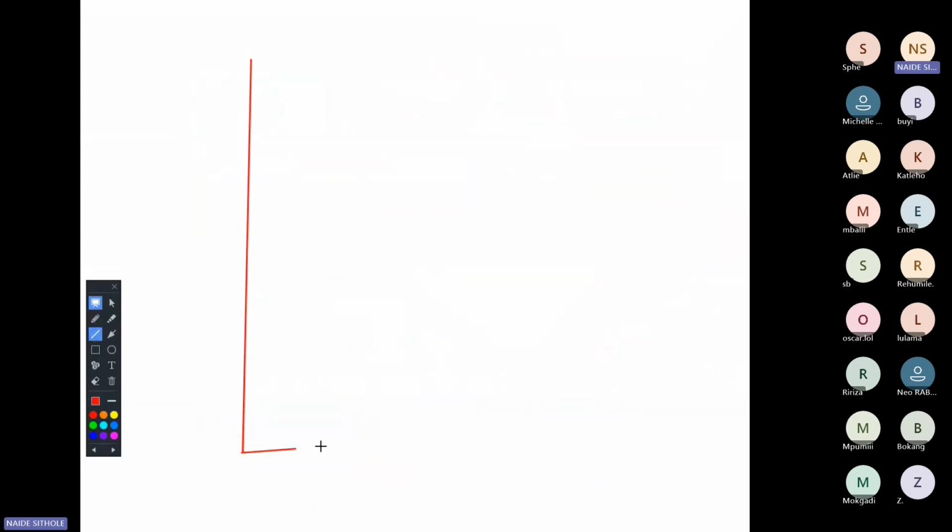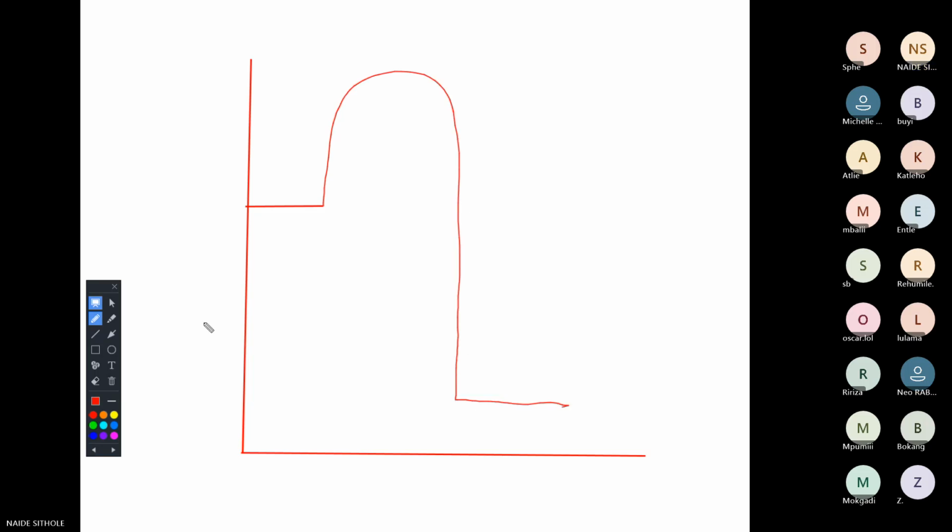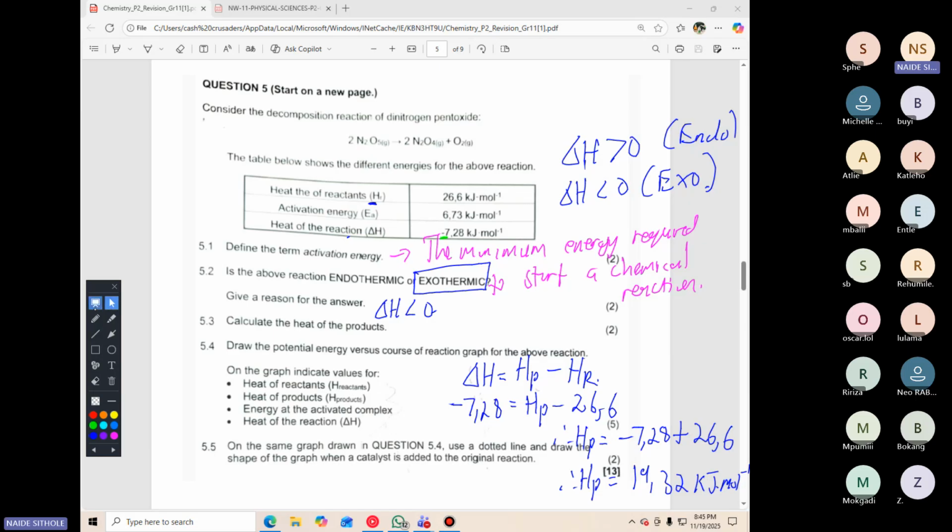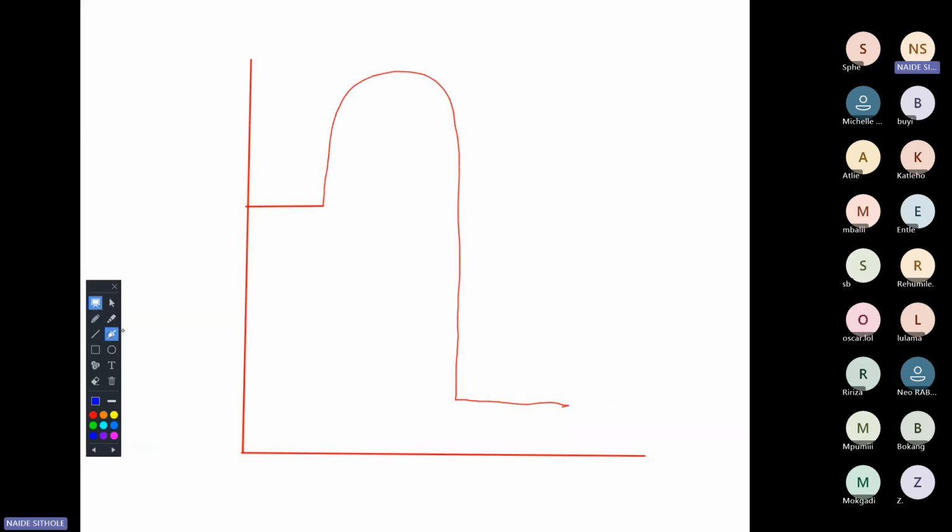It's an exothermic graph, meaning it must start from above there and then go all the way down like this. And then we have our activation energy.